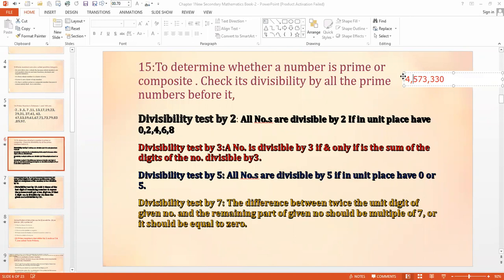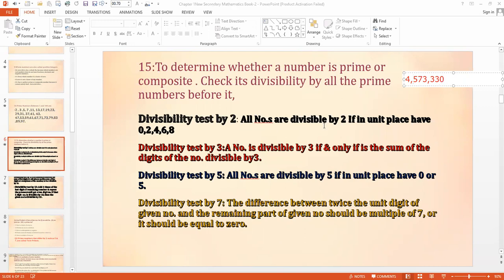This is a 7-digit number, and you have to tell without dividing. Just by seeing this number, can you tell if it is divisible by 2? Yes, it is divisible by 2, because in its unit place it has 0.